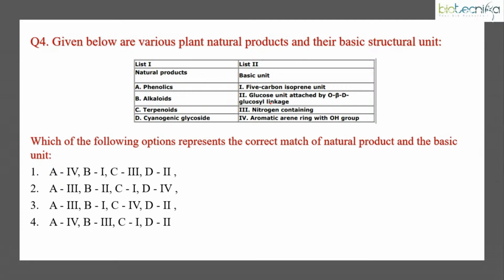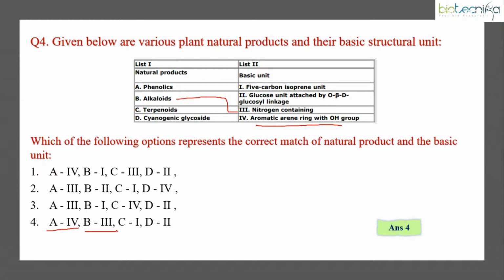Anyone else? You all are absolutely correct. So 4 is the answer. Phenolic compound has an aromatic ring with OH group. Alkaloids are nitrogen containing compounds, which we have discussed in the first question.